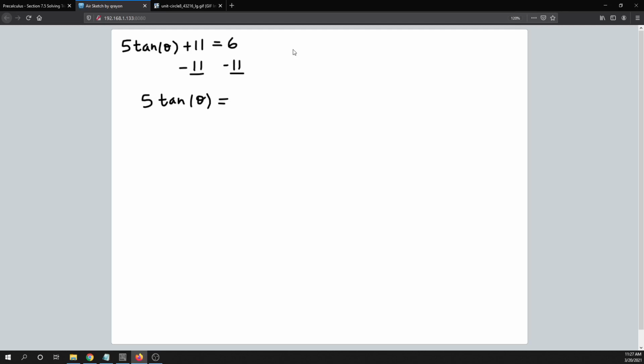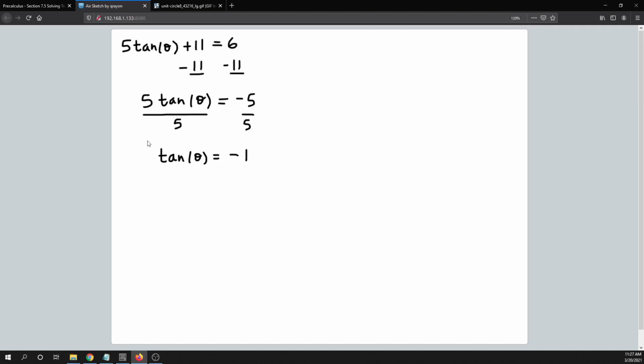So 6 minus 11 is negative 5. All right, and so now I can isolate the tangent of theta by just dividing both sides by 5, right? Since I had 5 times tan theta, if I divide both sides by 5, over on the left side, I'll just get tan theta. So I get tan theta equals negative 1.